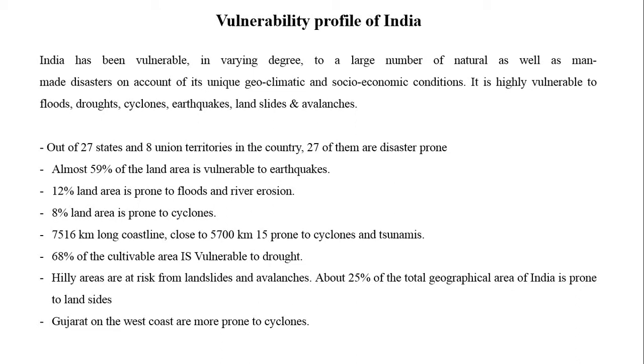Tamil Nadu, Andhra Pradesh, West Bengal, Pondicherry on the east coast and Gujarat on the west coast are more prone to cyclones. The entire Himalayas, northern region, and Western Ghats are affected by landslides. So this is the vulnerability profile of India.